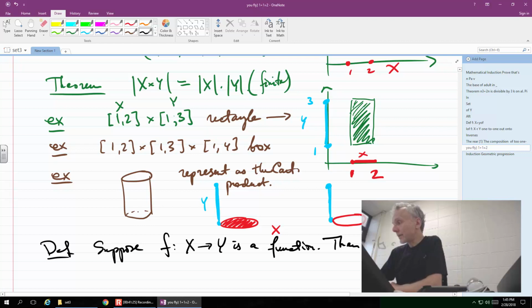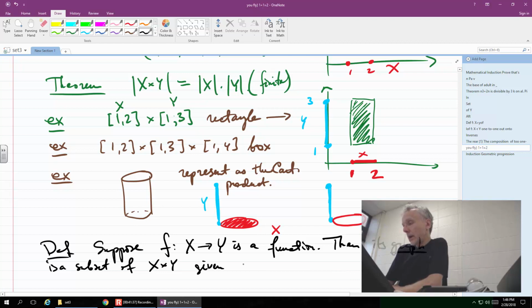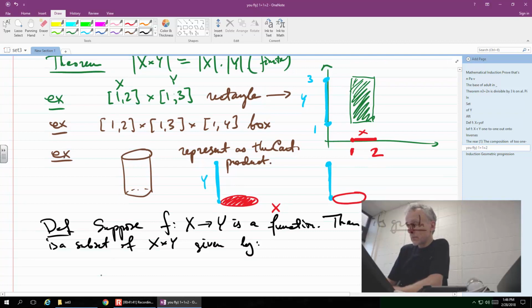Then its graph is a subset of x cross y, Cartesian product, given by the formula that is familiar. There is no special notation for it, but I'll just write graph of f.